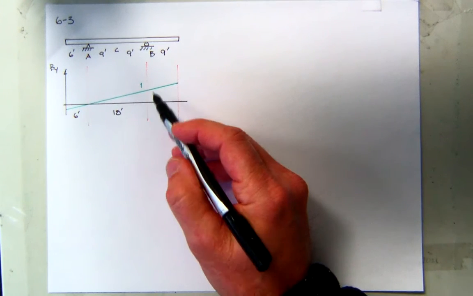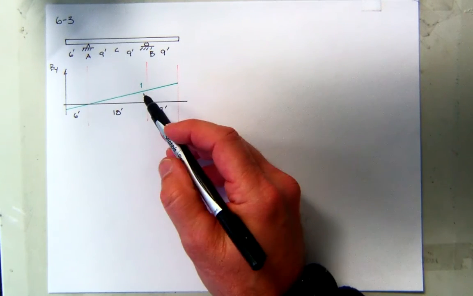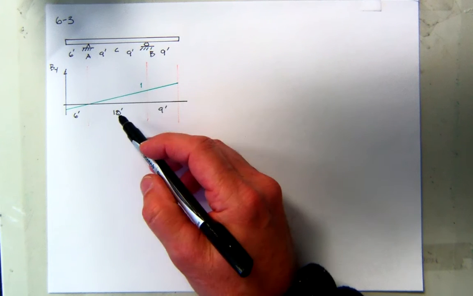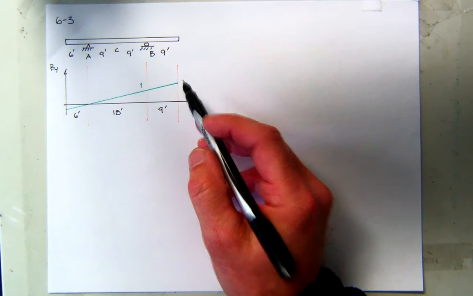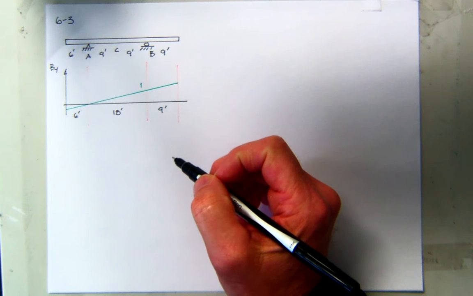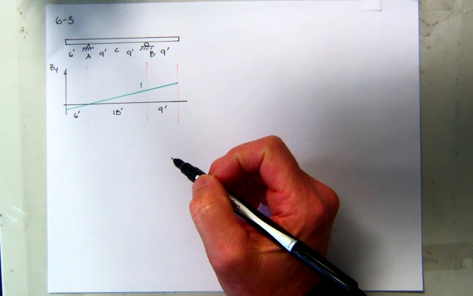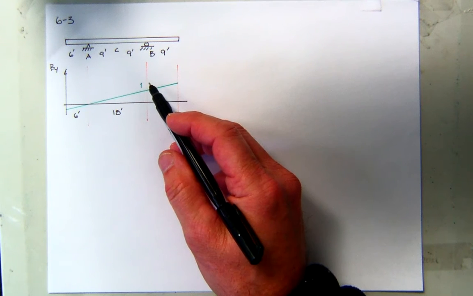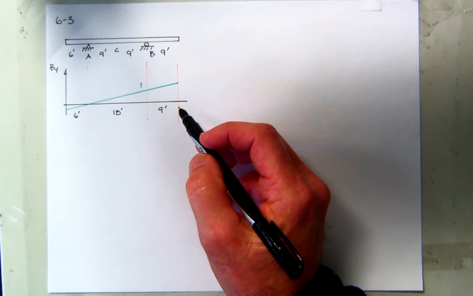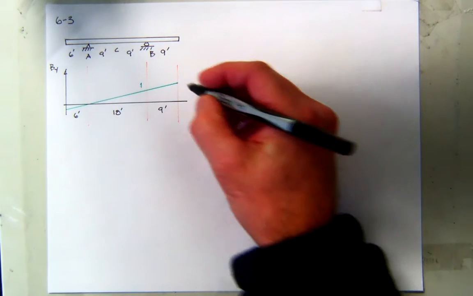This is similar triangles. So 1 height here is to 18 as what is to 27? 1.5, right? Every time you go 18 feet over, you go up 1. So I went over another 9 feet. That's half. I go up a half. So this would be 1.5.